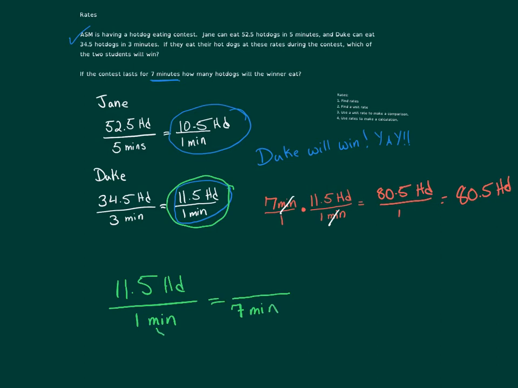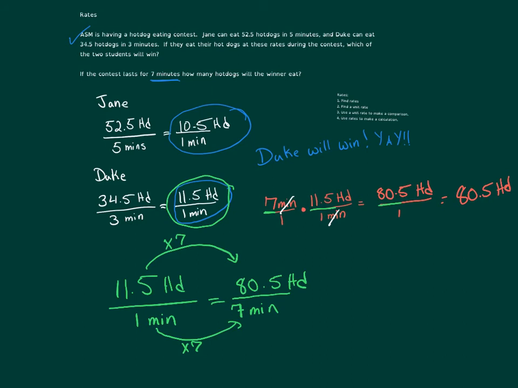Same thing, how do you get from 1 to 7? Times 7. So in order to get this number up here, I've got to times it by 7, and I'll get the same answer, because we already did 7 times 11.5, so I already know that answer is going to be 80.5 hot dogs, because these are proportional rates.